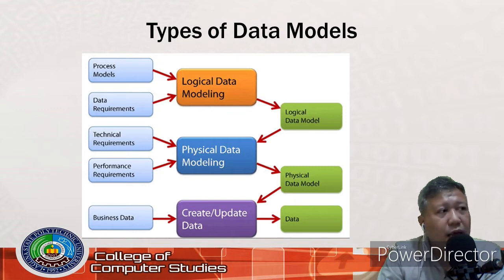So, normally, bago ka gumawa ng entity relationship model, for example, alam mo na yung, meron ka ng system flow chart, meron ka ng DFD, data flow diagram. So, system flow chart, process flow chart, and then yung data flow diagram. Pagka meron ka na ng tatlo, pwede ka nang gumawa ng data model mo.